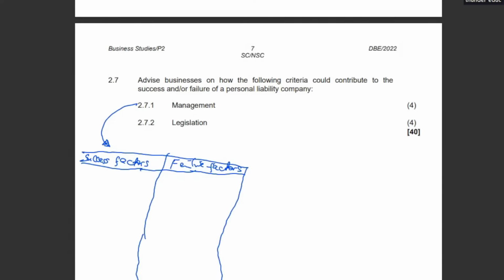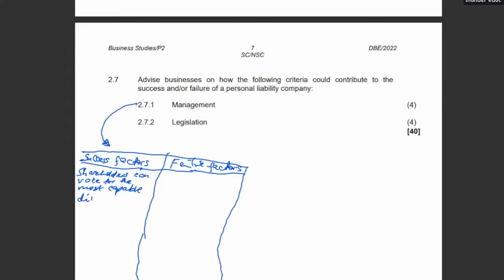So here, shareholders can vote for the most capable directors to manage their company.